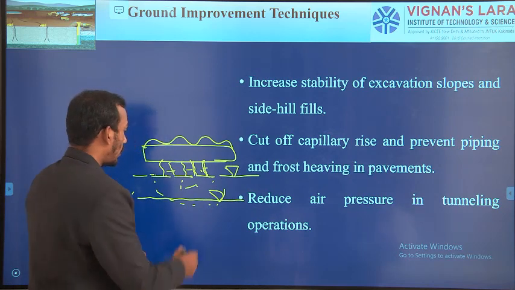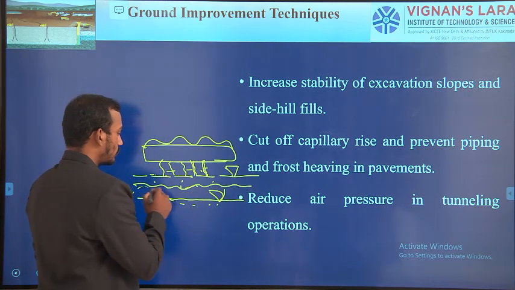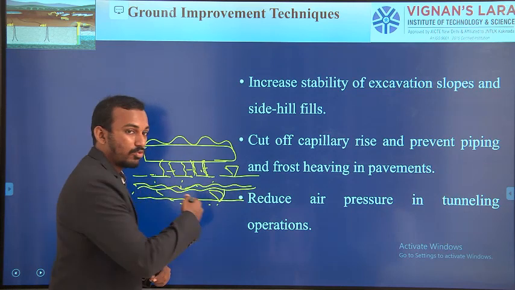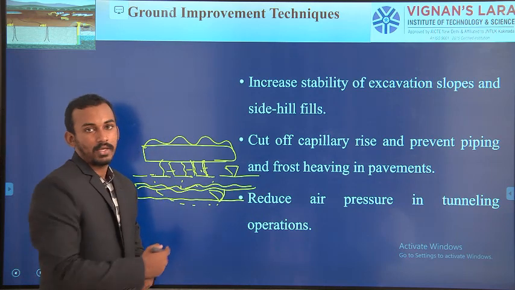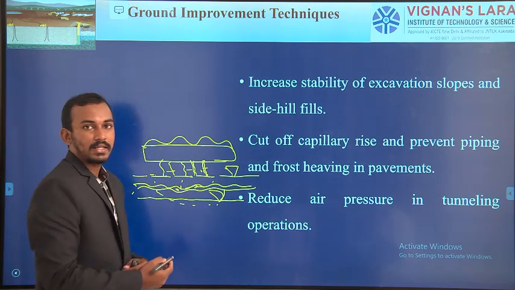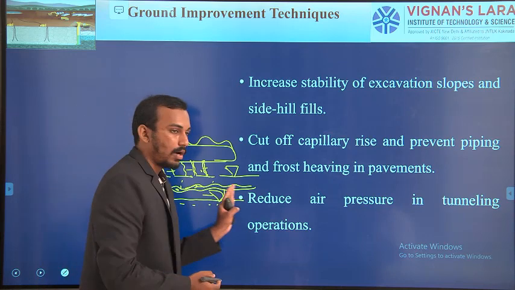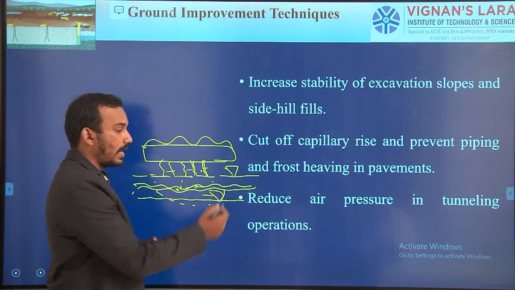Piping means the water flows in a horizontal direction. When it is flowing in a horizontal direction, it takes away all the particles in its way. There are some soil particles. When it's flowing in a horizontal direction, it picks up all the soil particles along with it. So it causes erosion.